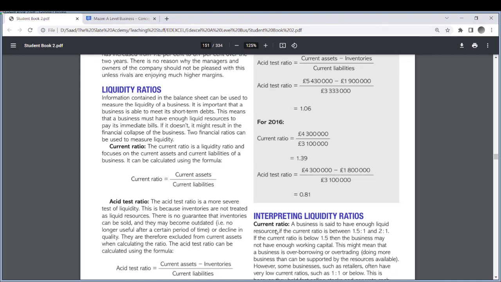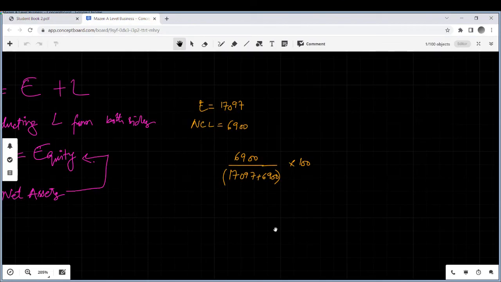Do you have the formula written in your notebook? It says non-current liabilities divided by capital employed. What's non-current liabilities? 5490. What's capital employed? 21300.